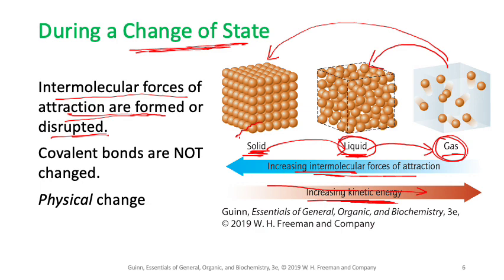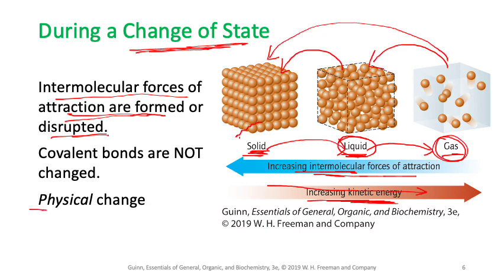So in the condensation process, which is the conversion of gas to liquid, you are forming a new force of attraction, or you are strengthening the force of attraction between the atoms. The same thing applies from liquid to solid, a process called freezing. You are increasing the intermolecular force of attraction in the liquid, so that the liquid can convert into a solid form, right?